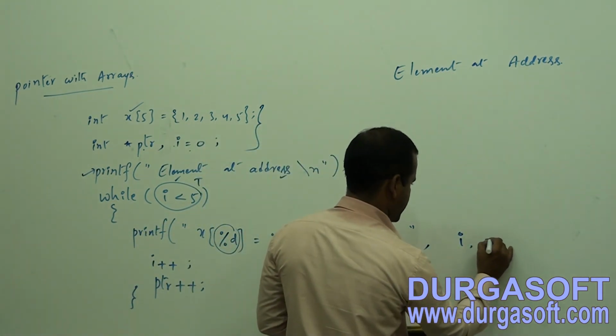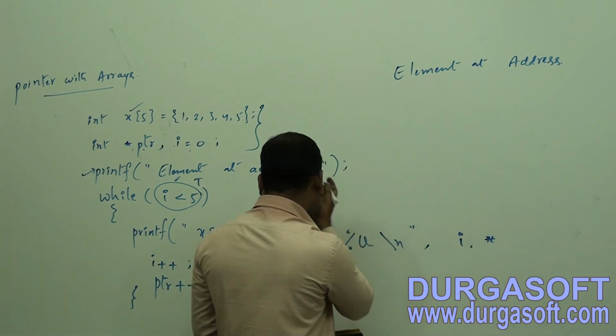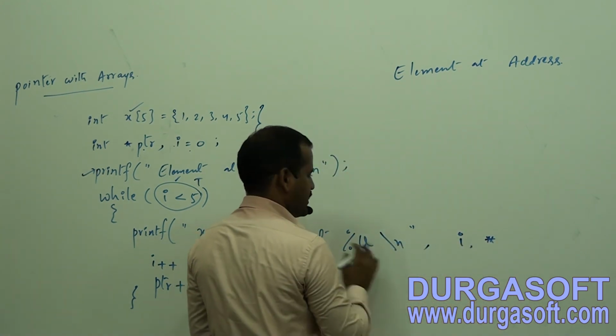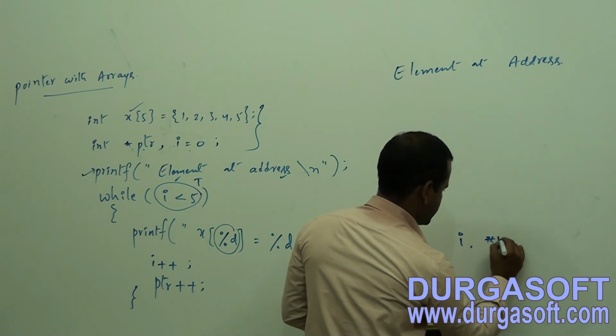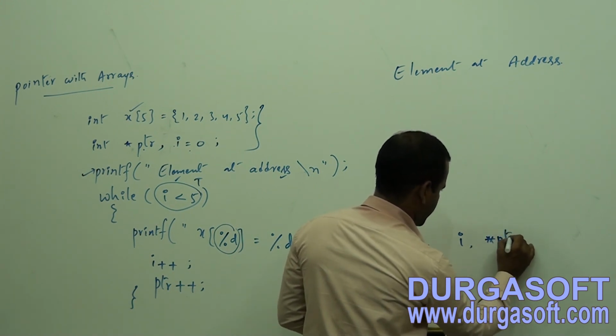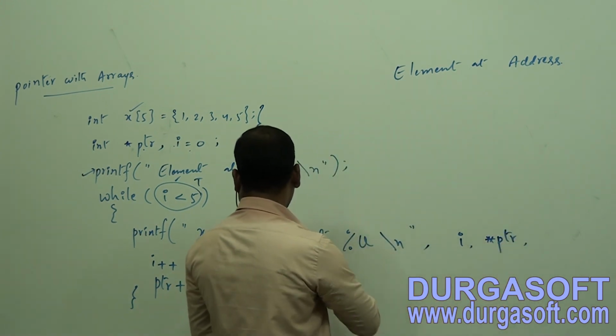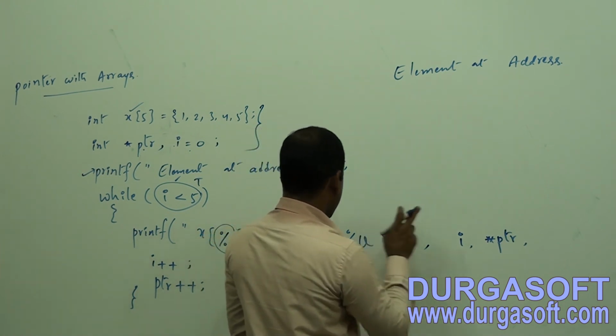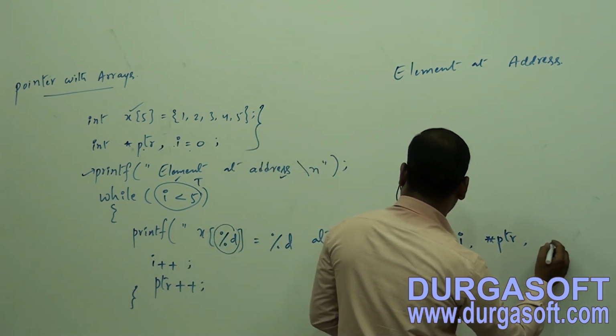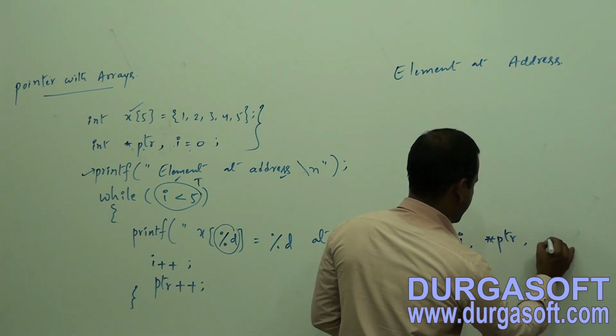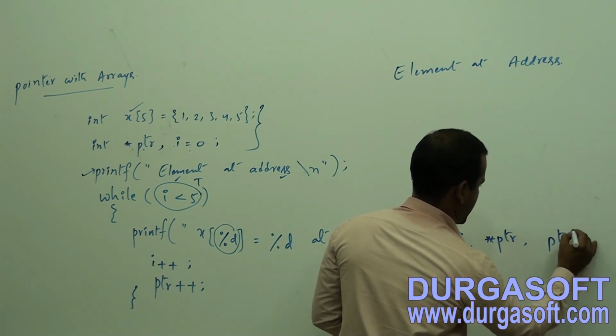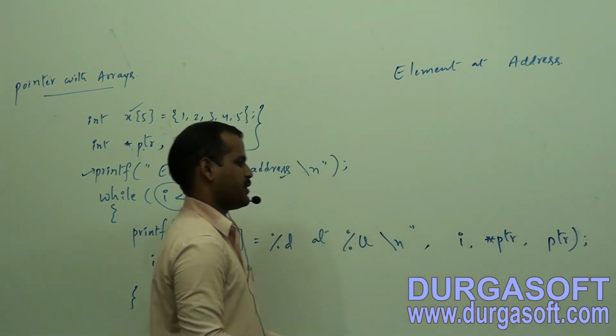The code segment has first one element value, second one element value, and third one the address of that particular element. So directly we can take the pointer ptr like that.